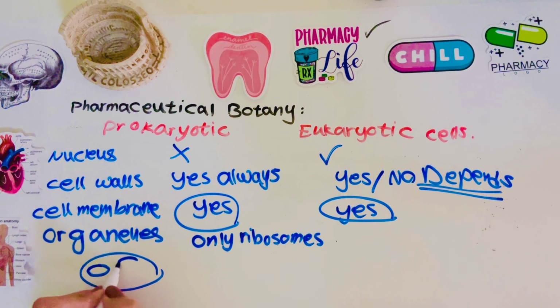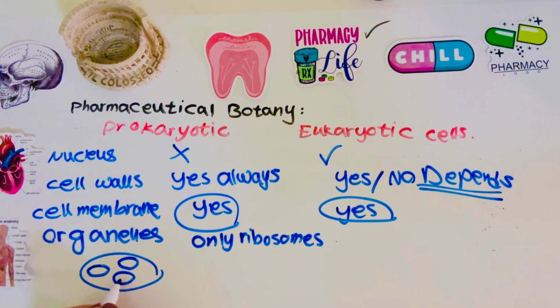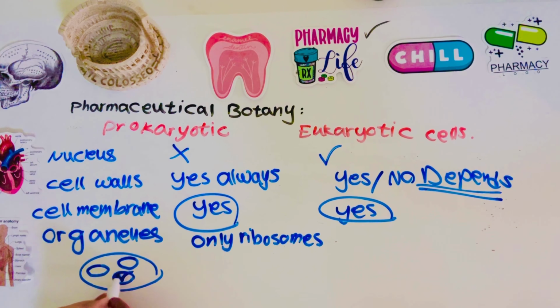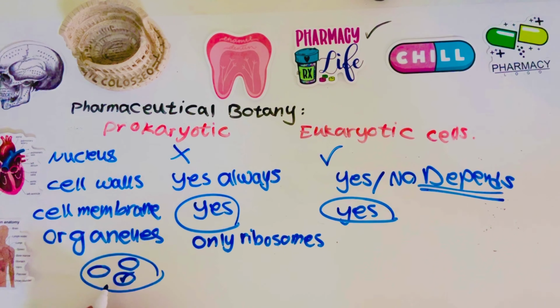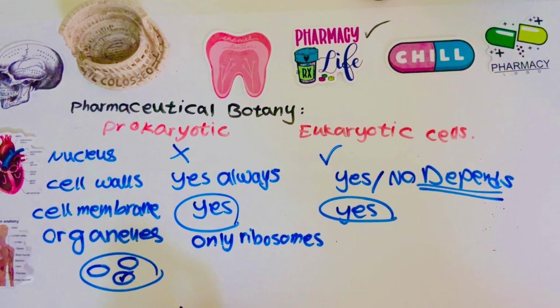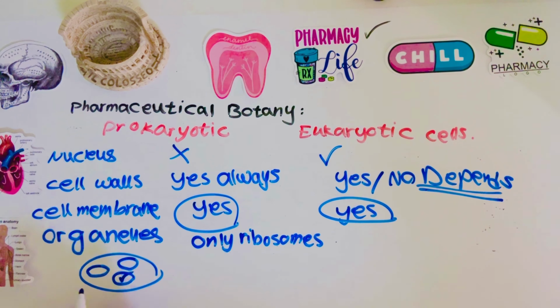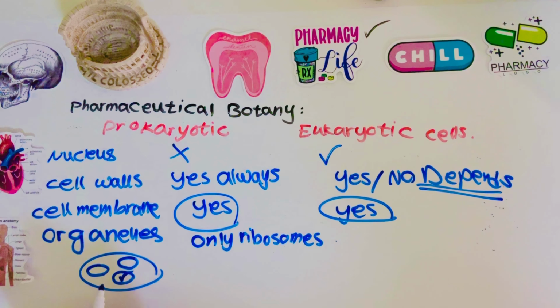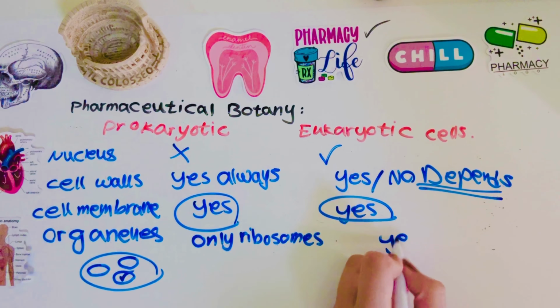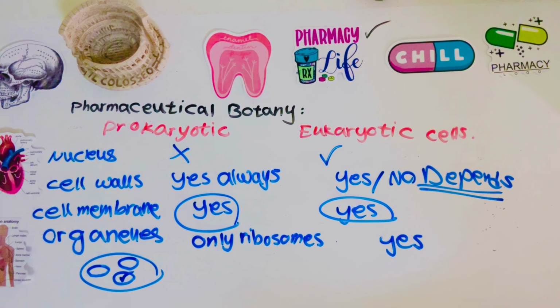Like this one is, for example, a mitochondrion. It's an organelle, it has been divided from the other parts of the cell, but in prokaryotic cells we don't have it. This feature is only for eukaryotic cells. Yes, eukaryotic cells have cell organelles.